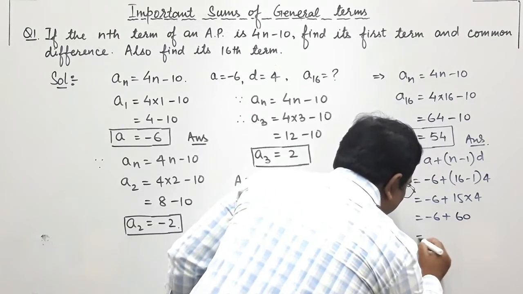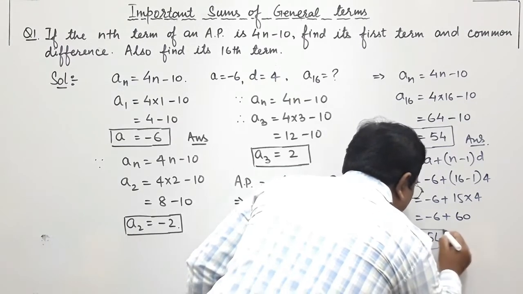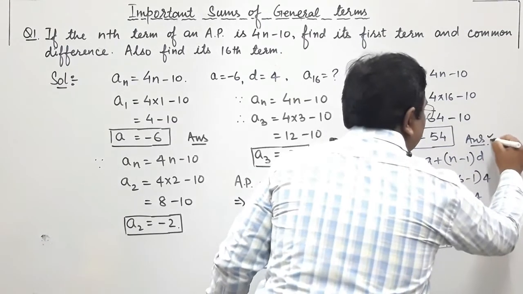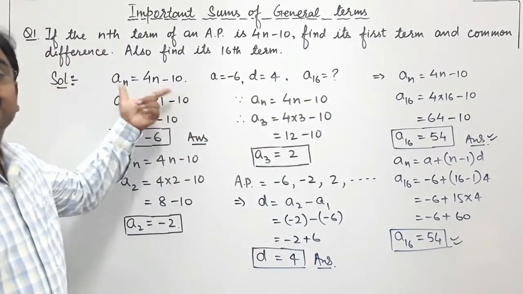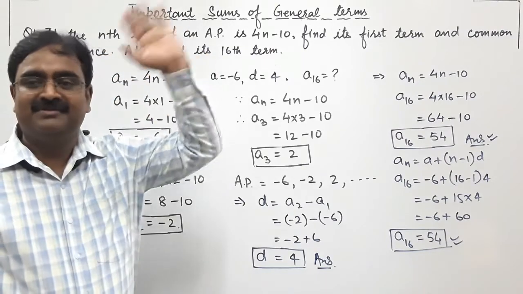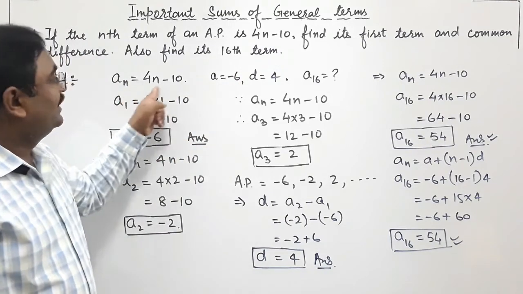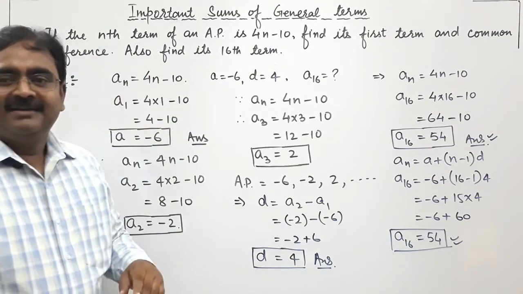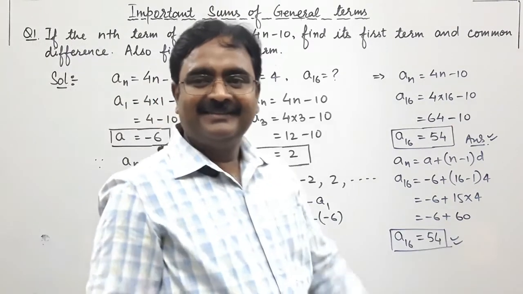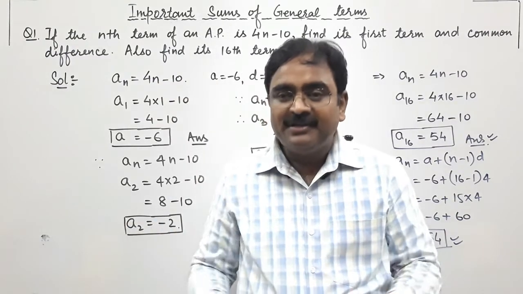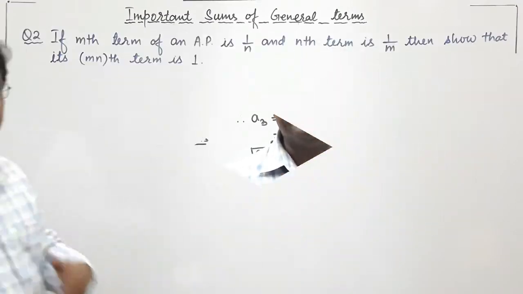So 60 minus 6 is 54. It means any of the formula you can use, you will get the same answer. मैंने अभी आपको क्या बताया, if this type of question is given, इसको हम as a formula we have to use. So any of the term, if it is asking 12th term, substitute n is equals to 12. 100th term, n is equals to 100, you just substitute, you will get 100th term. Easy. तो बच्चों कोई प्रॉब्लम हुई इसमें? और ये क्वेश्चन आपके लिए बहुत ही इंपॉर्टेंट है. This you just keep it in your mind, right?